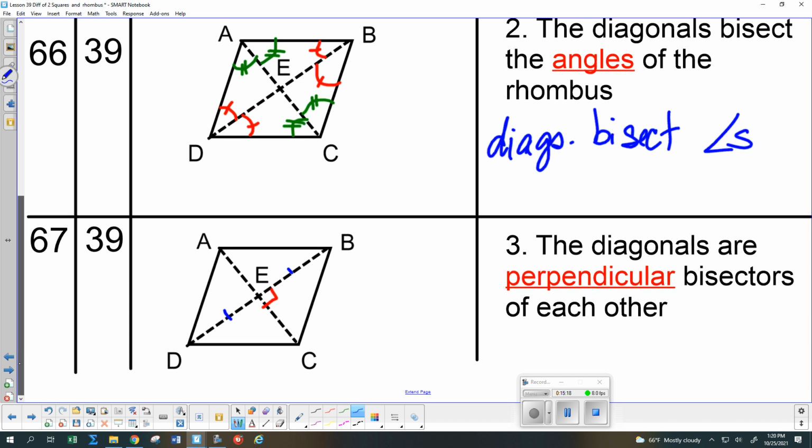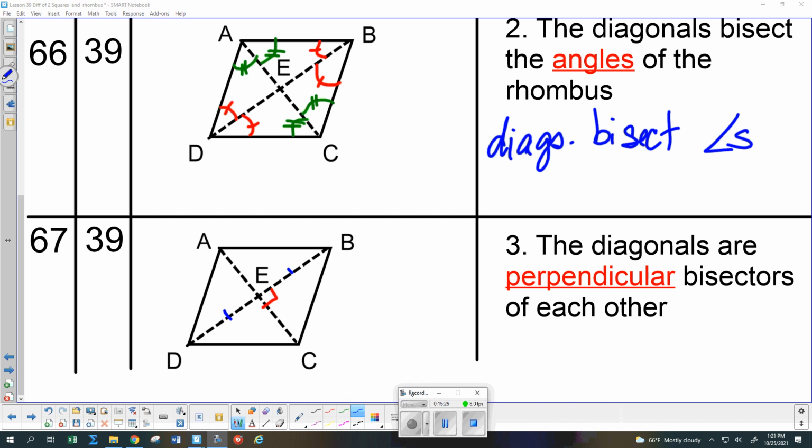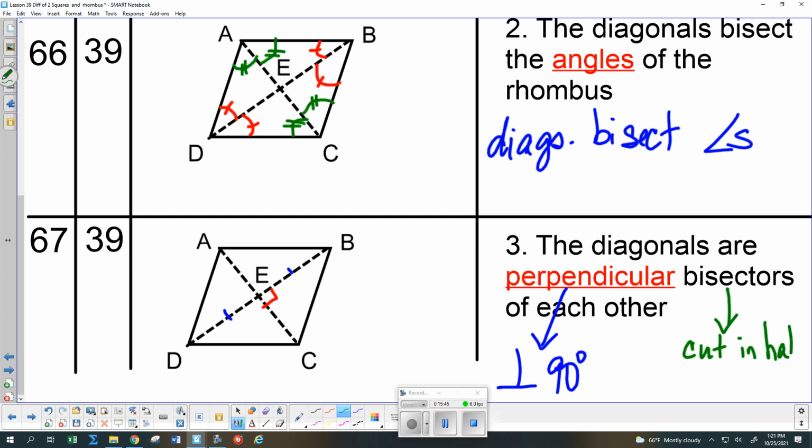Now it's important that we keep our vocabulary and our symbols straight. Perpendicular, the symbol is the upside down T that looks like it makes a 90-degree angle. And perpendicular means they cross at 90 degrees. Bisect means they cut each other in half. In this case, they cut each other in half. Being an angle bisector means they cut the angle in half.